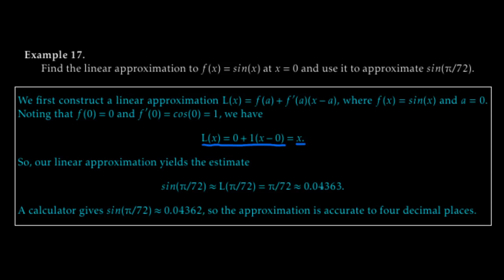Something in the vicinity of 0.04363. And if you punch it in an actual calculator, you'll find that sine of pi over 72 is about 0.04362. So this is accurate out to about 4 decimal places.